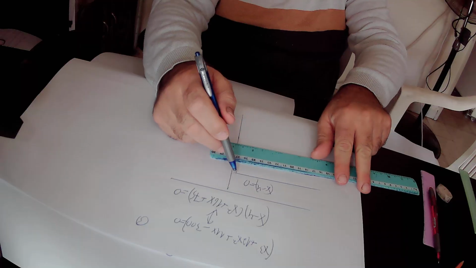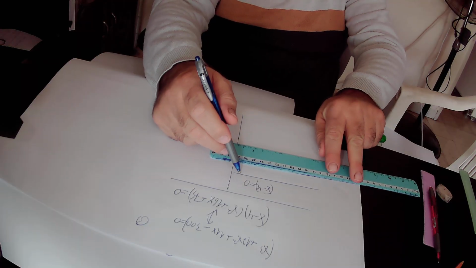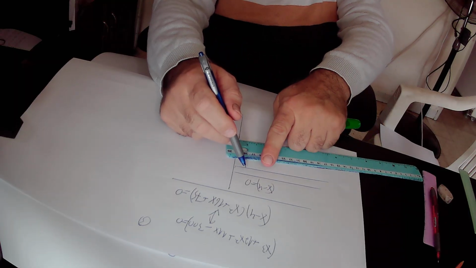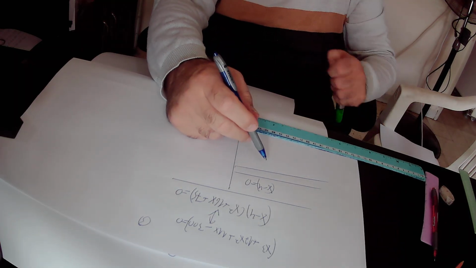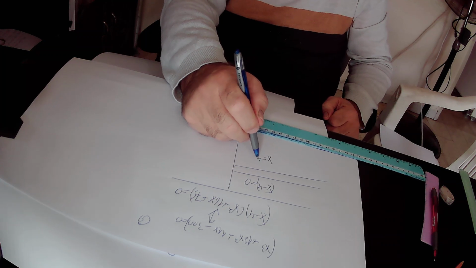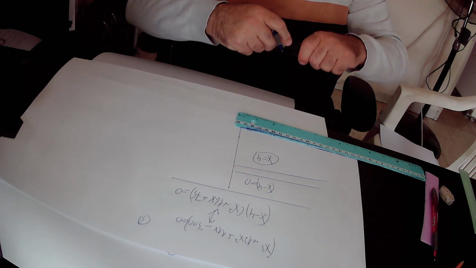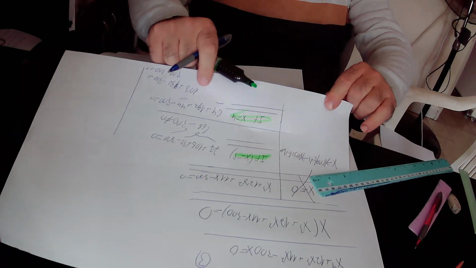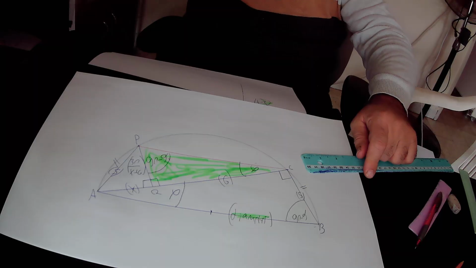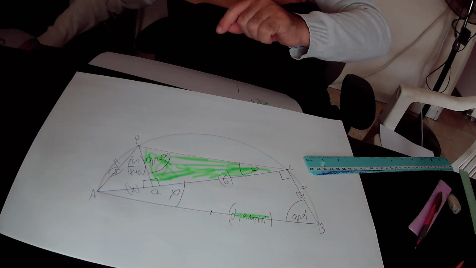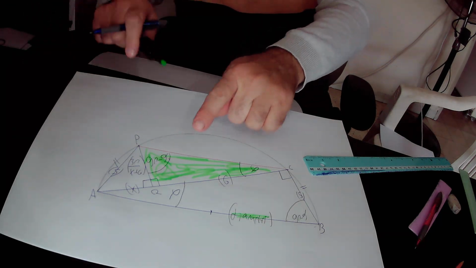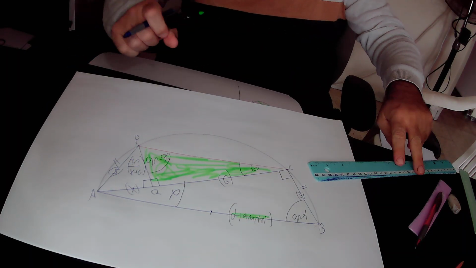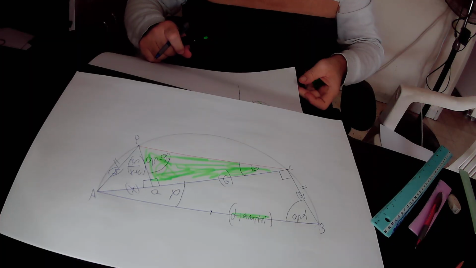If x minus 4 equals 0, we add 4 to both sides and find that x equals 4. That is the first solution to this question.